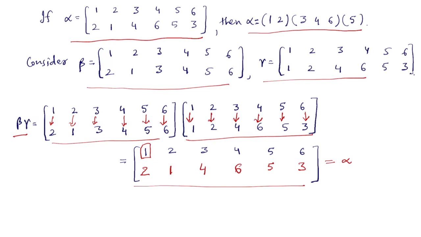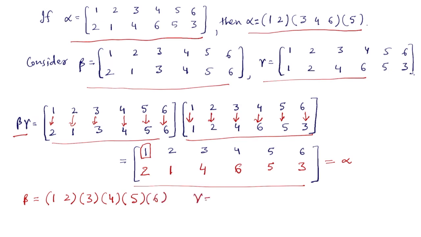However, if we write beta and gamma also in cycle notation form, then we see that beta is equal to, let us start with 1. So under beta 1 goes to 2, 2 goes to 1, so cycle is closed. Then 3 goes to 3, 4 goes to 4, 5 goes to 5, and 6 goes to 6.